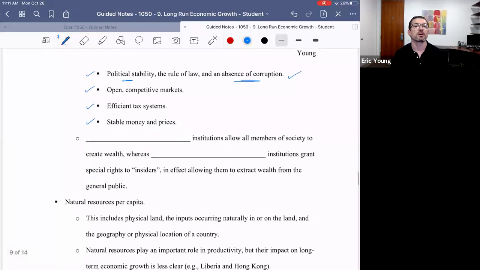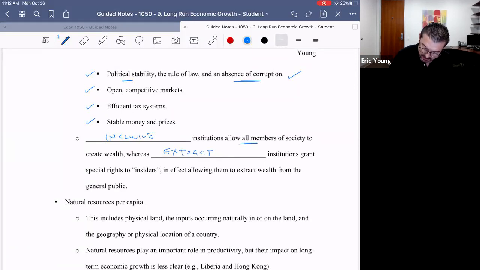One way, when you take a look at institutions, to broadly categorize them is as inclusive versus extractive. Inclusive institutions, the good ones, they allow all members of society to benefit.